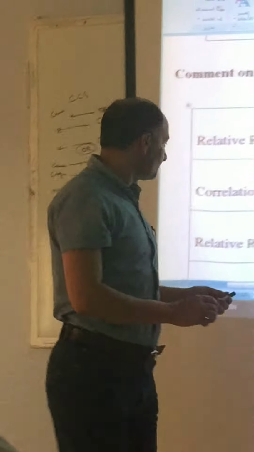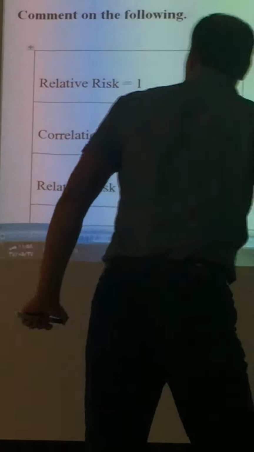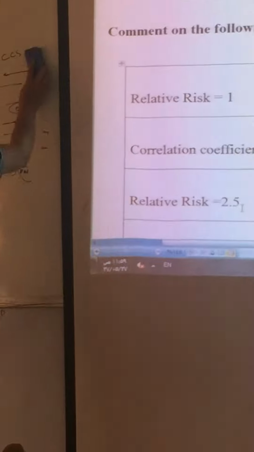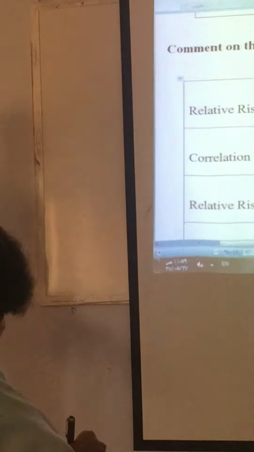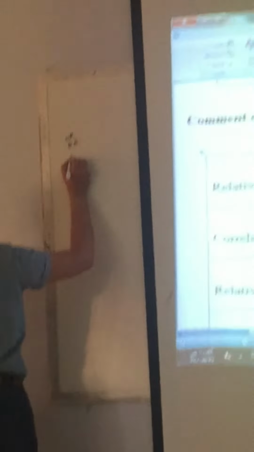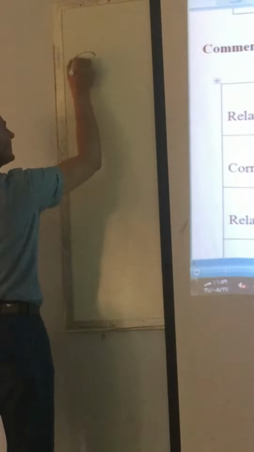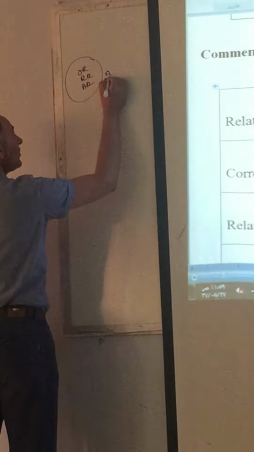Now there is another thing, the correlation coefficient. What is the correlation coefficient? Between quantitative variables, we try to find out any association. The odds ratio, relative risk, or attributable risk are basically about qualitative variables.